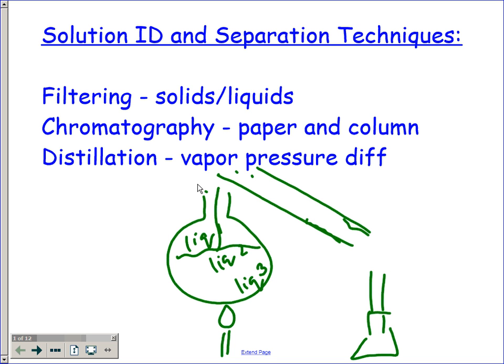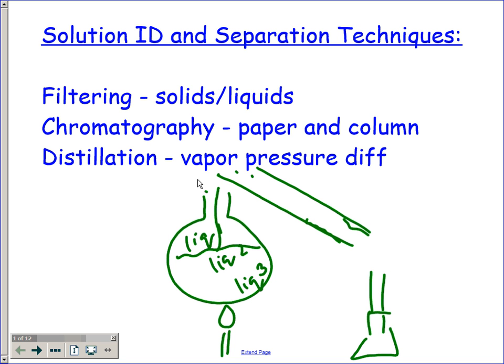What's another property? Basically these are just utilizing different properties to isolate substances based on their differences. This one's based on state of matter. This one's based on what? IMFs or solubility. Distillation is based on boiling point. Decanting again is based on state of matter differences.